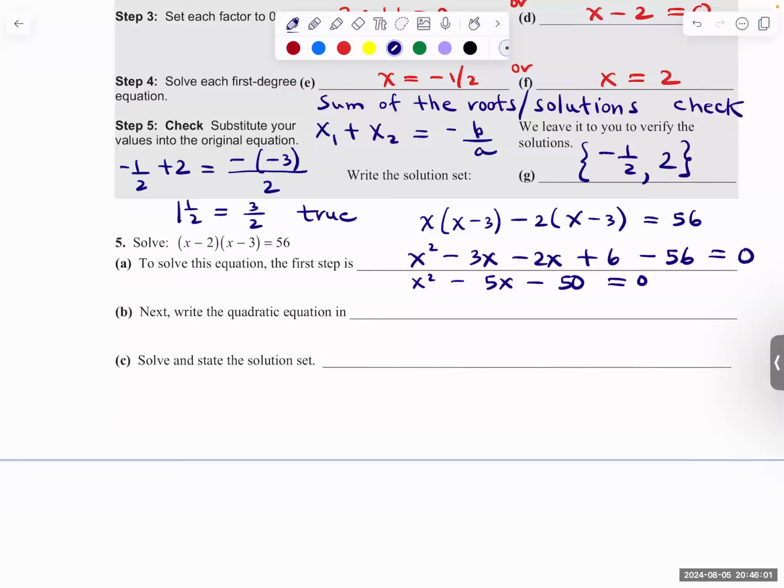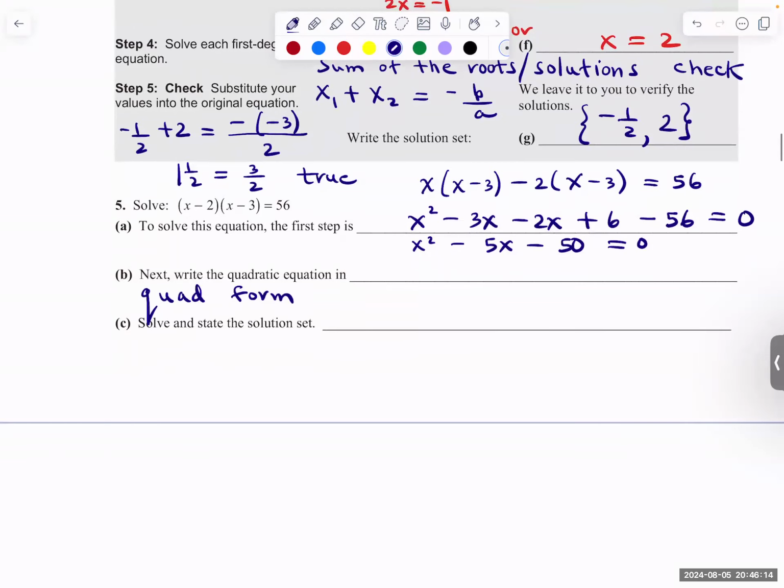We're going to write the equation in quadratic form, which it is because it's in decreasing degree order and it's set to 0. So we're going to try factoring and solving. Now the greatest common factor is 1. So we're going to go right into the product of two binomials and factor 50.